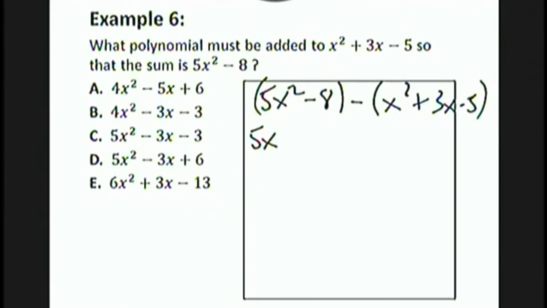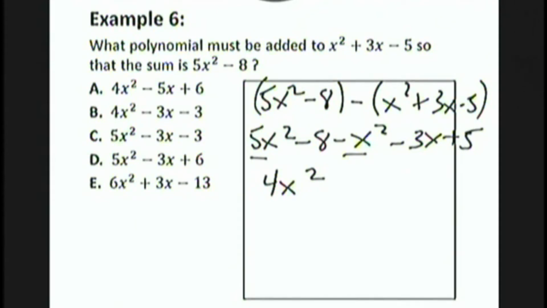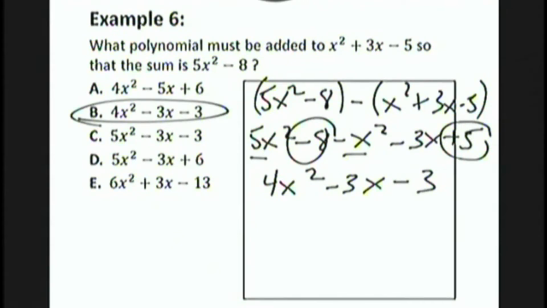We have 5x squared minus 8 minus x squared minus 3x plus 5. Now let's combine like terms. 5x squared and negative x squared is 4x squared. And we have negative 3x. And finally, we combine the negative 8 and the positive 5 to get negative 3. That's choice B.